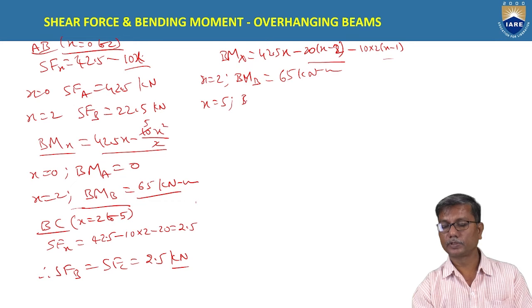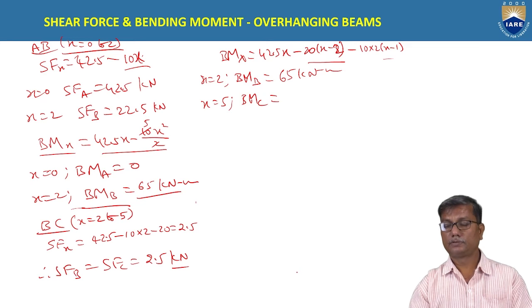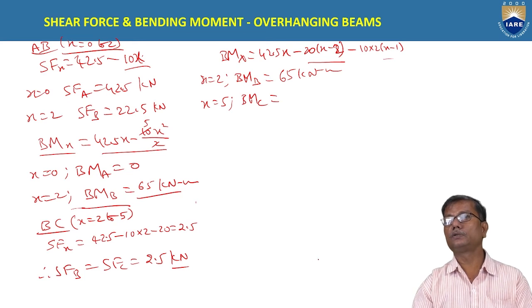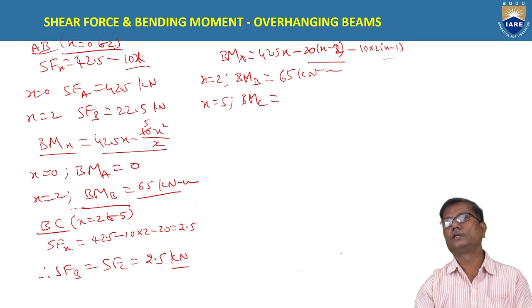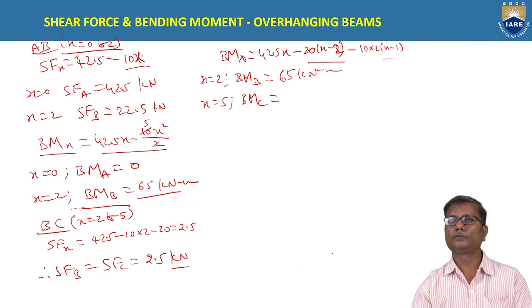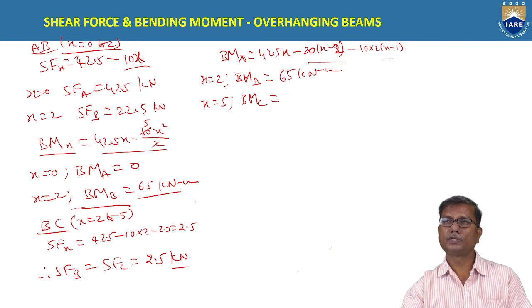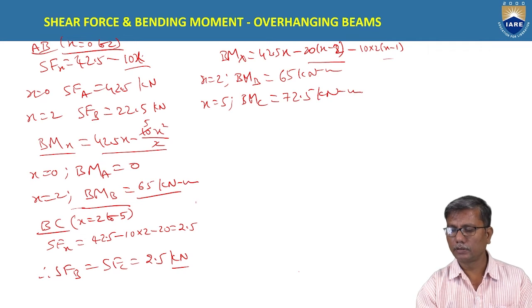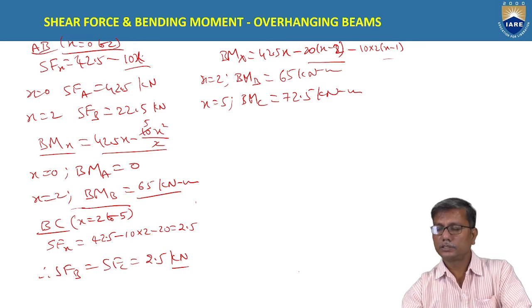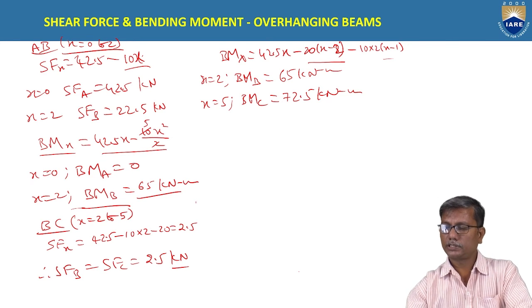And at x equal to 5, bending moment at C is 42.5 into 5 minus 20 into 5 minus 2, 3, that is 60, and 20 into 5 minus 1, 4, that is 80, total 140. 42.5 into 5 is 212.5, minus 140, so it becomes 72.5 kilonewton meters. That is the bending moment at C.